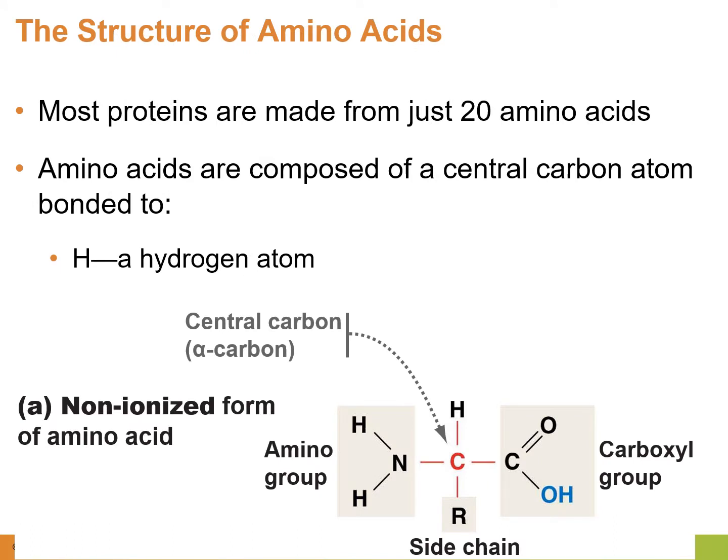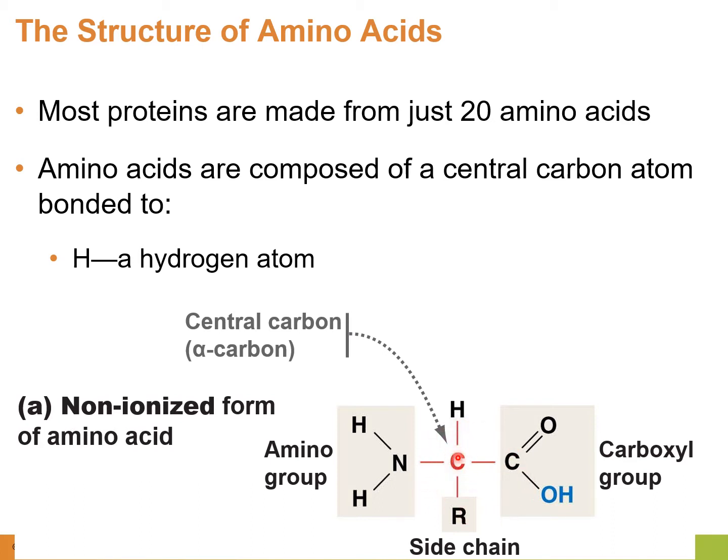When we get into the structure of proteins, we need to look at the structure of amino acids. There are about 20 amino acids that we use to make proteins. Amino acids are going to be composed of a central carbon atom that is bonded to a hydrogen atom. If you look down here at the bottom, you can see the structure of an amino acid, right?